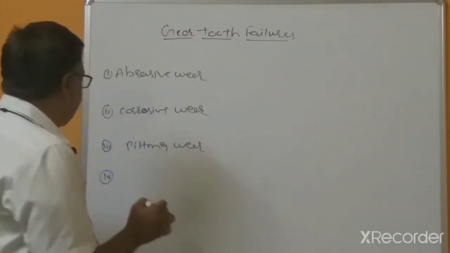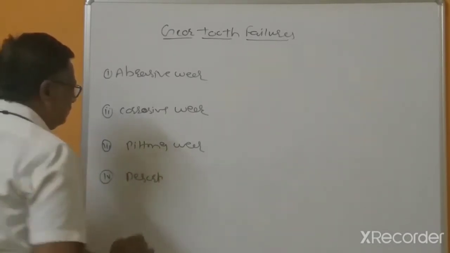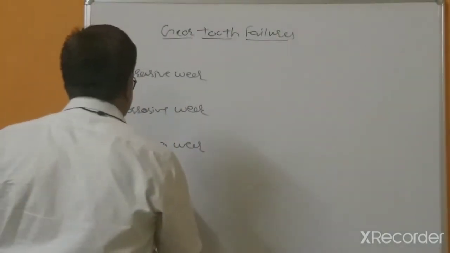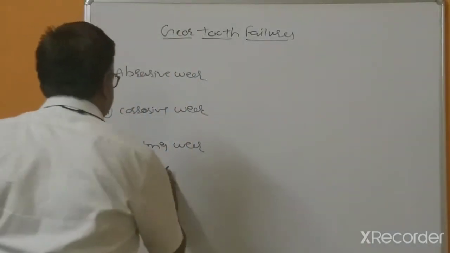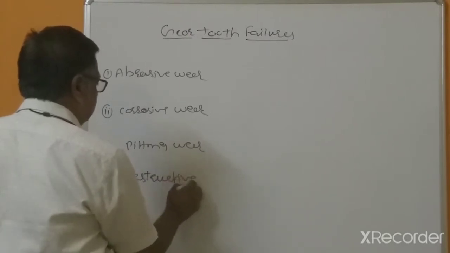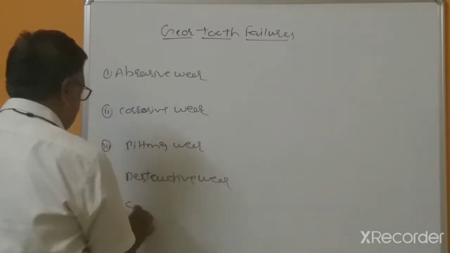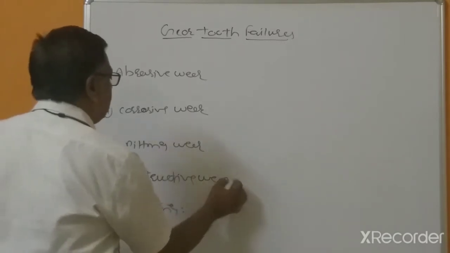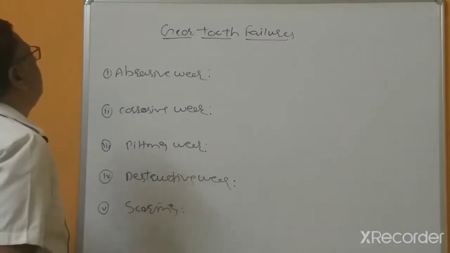Fourth is destructive wear. And last is scoring. So these are the five types of wear in gear tooth failures.